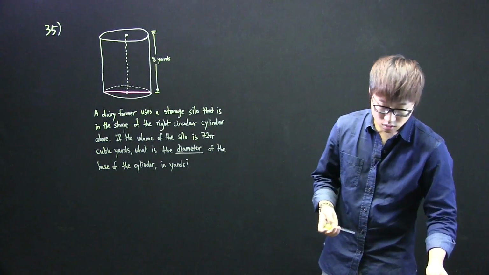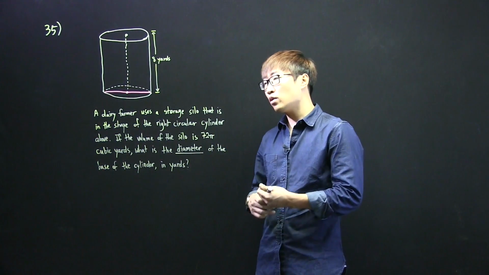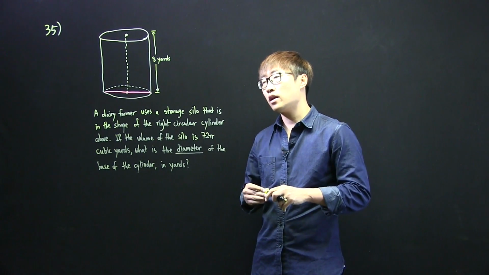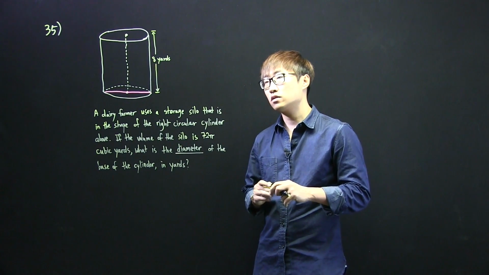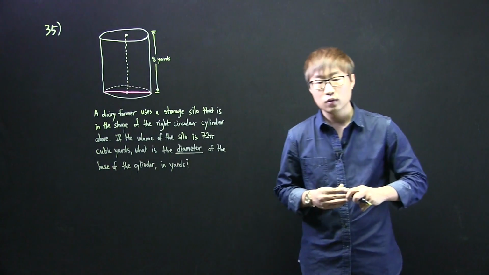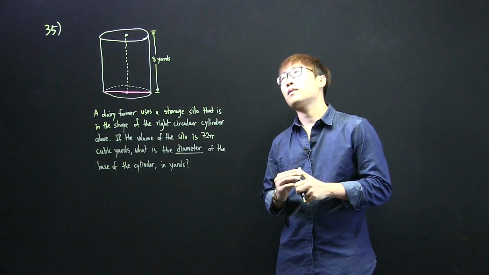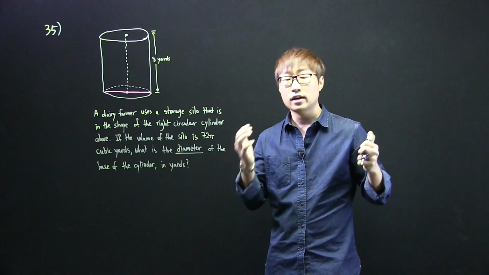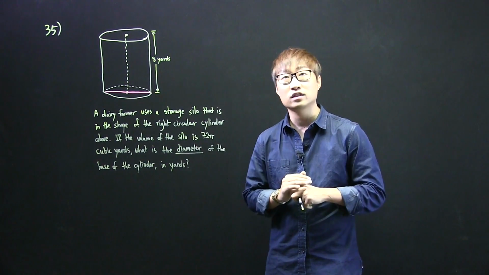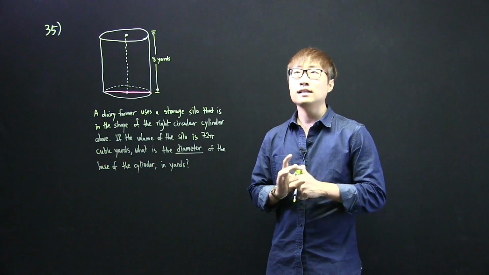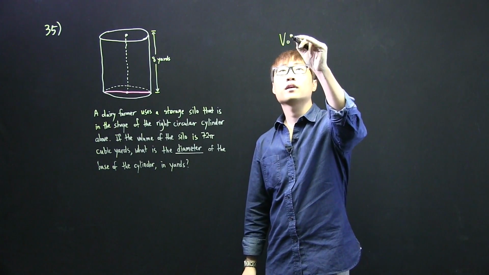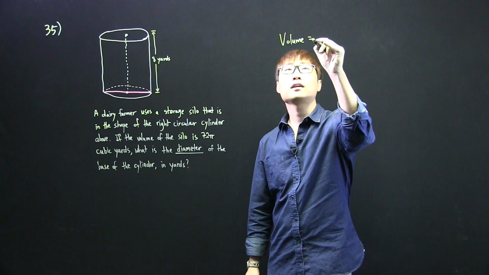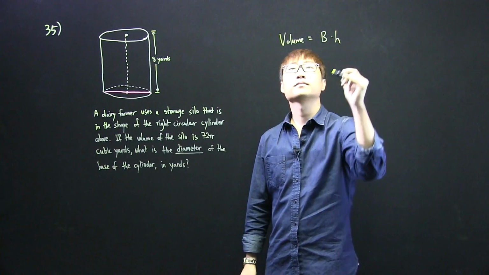Okay, so first of all, we know the volume. So let's go ahead and find out the radius using the equation. A lot of people try to remember all these memorized formulas for the volumes and areas and surface areas for all these different shapes. For me, I just think of volume as big B times height.